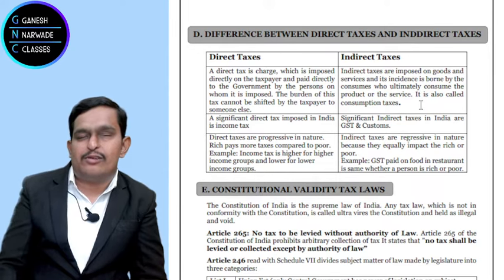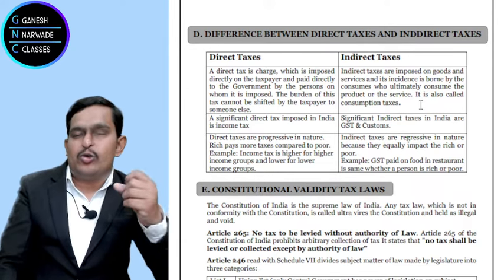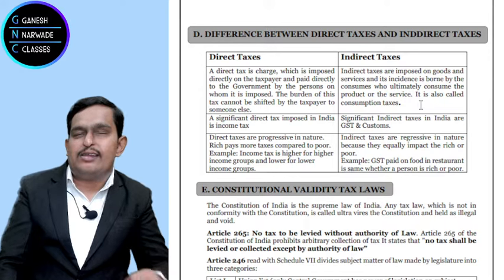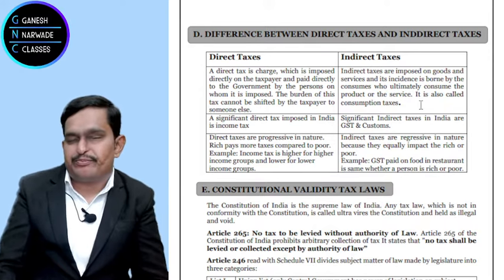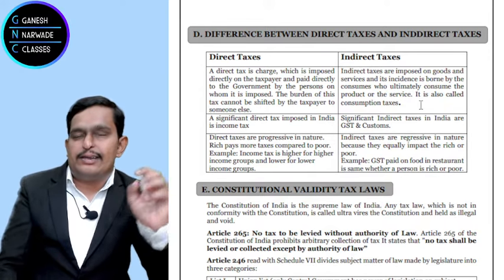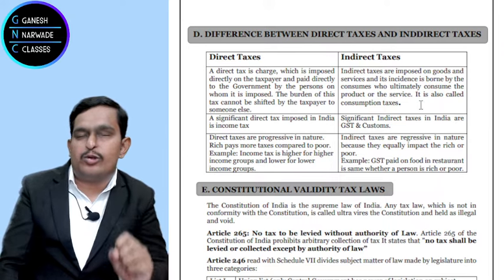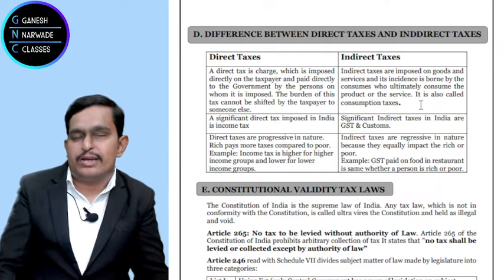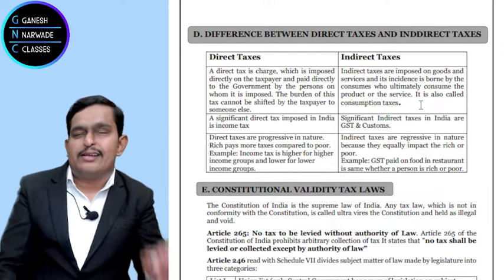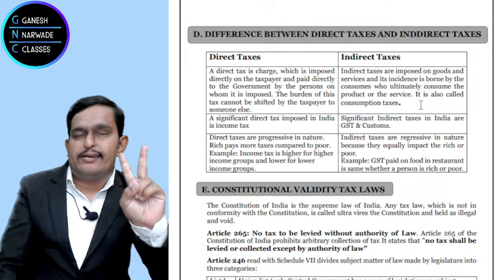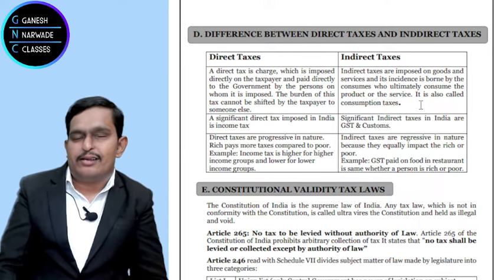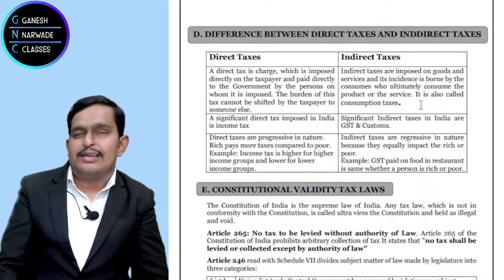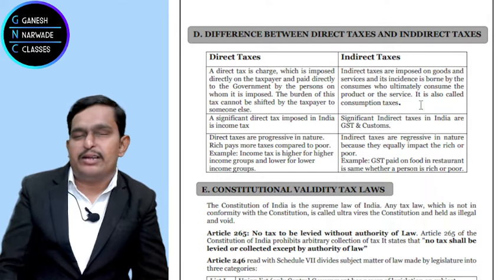Okay, very good. Direct tax, you earn income, on that you only pay tax to government. So burden is on you and payment also you only do to the government. So direct tax, the payment and the burden are on the same person. Whereas indirect tax example, the trader pays tax to the government.